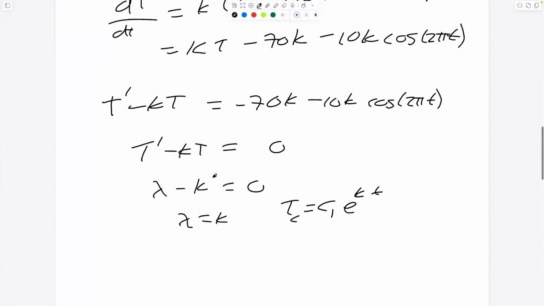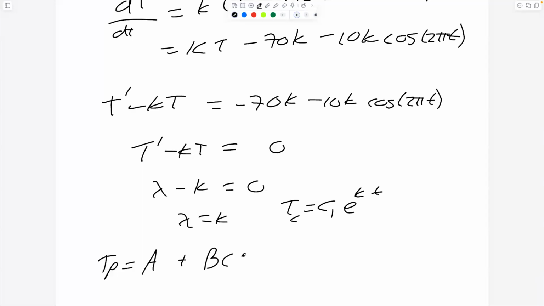Now I have to find my particular solution. So T_p, now it has to have this form. It needs to have a linear factor, some a, or no, that's a constant. There's no t in there. So it's some constant plus I need to have sines and cosines.